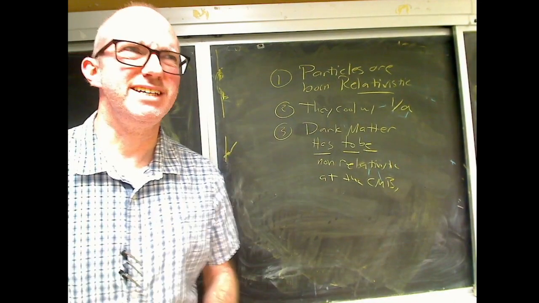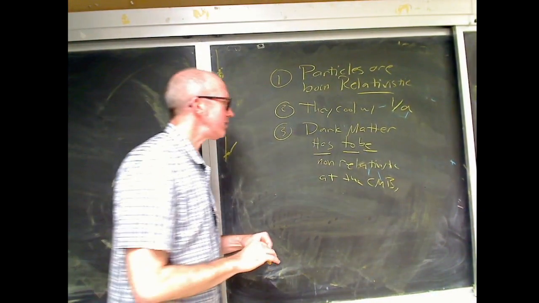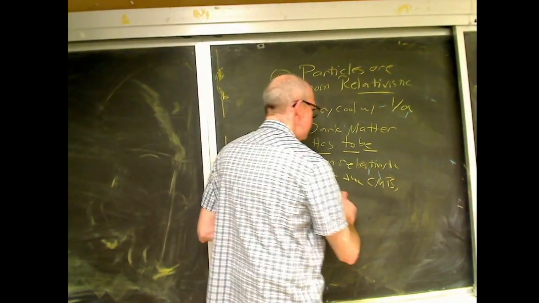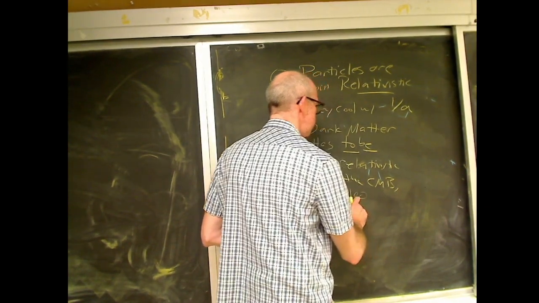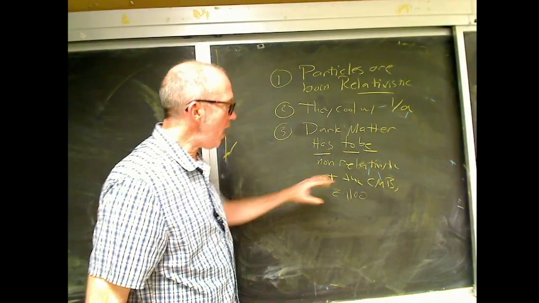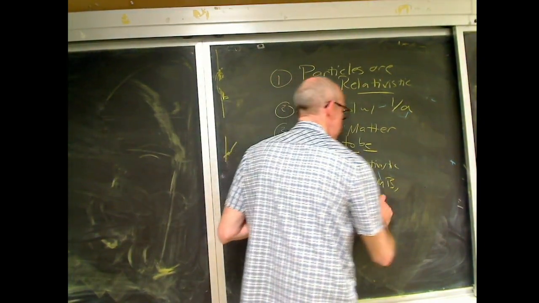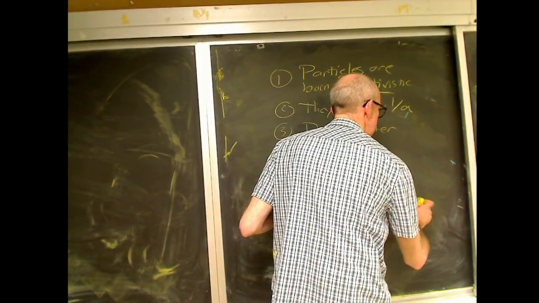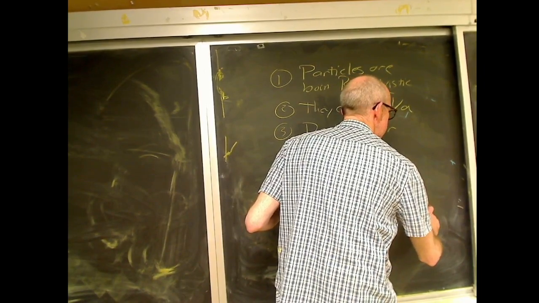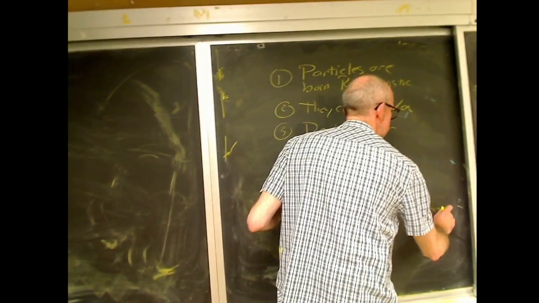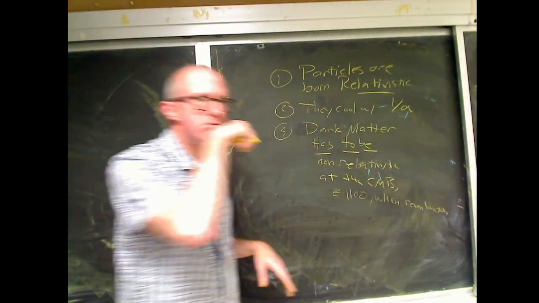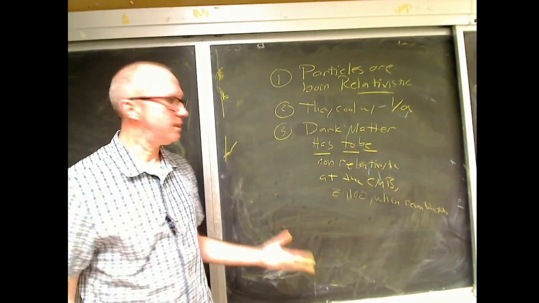What do I mean by that? I mean at z equals 1100, at recombination, because after recombination, galaxies start to form.